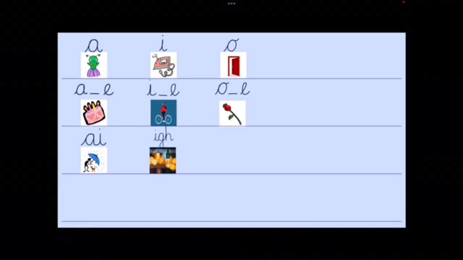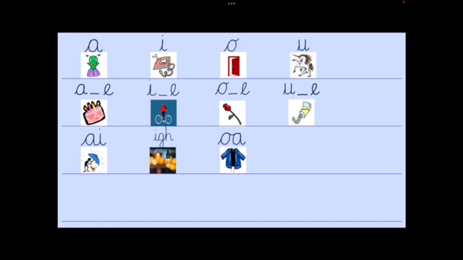O consonant E, first choice in the middle of a word. O-A, second choice in the middle of a word. And then U. U is written with a U at the end of a syllable. And U consonant E. And we haven't covered any other choices.